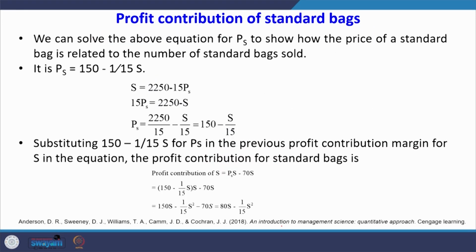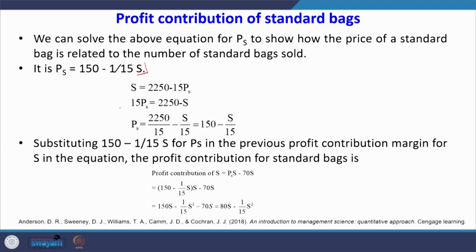Similarly, we can solve the above equation for PS to show how the price of the standard bag is related to the number of standard bags sold. For example, we know the demand function for the standard bag is S equal to 2250 minus 15 PS. From this, I can find PS, the price of the standard bag.